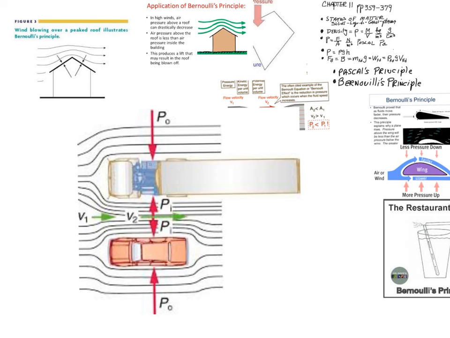And the reason is that's actually true, because when the wind flowing between you and the truck gets squeezed in, it speeds up and lowers the air pressure here. And so both the truck and your car have a net pressure pushing them towards each other. So that's a very real effect that you feel on the highway, and another demonstration of Bernoulli's principle.